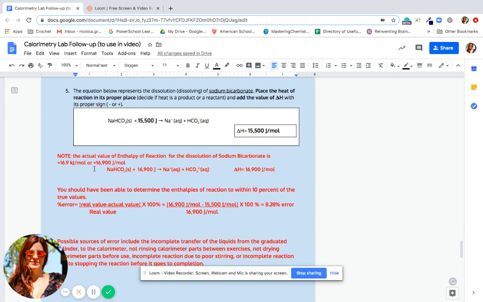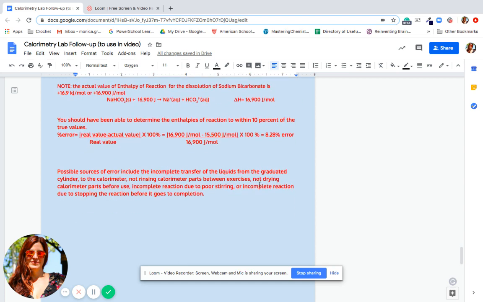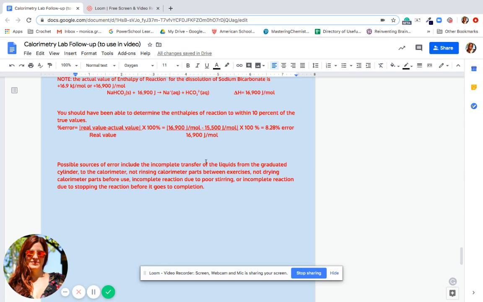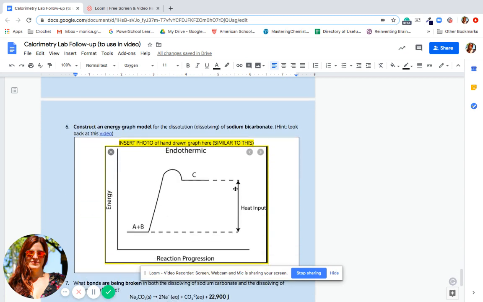Again, I'm showing you the actual value of the heat of dissolution of sodium bicarbonate: 16,900 joules per mole, and you can calculate your percent error and think about what could have gone wrong if you are higher than 10%. Again, I placed here a general endothermic graph. You should place your own with the proper reactants and products and with the proper enthalpy change.